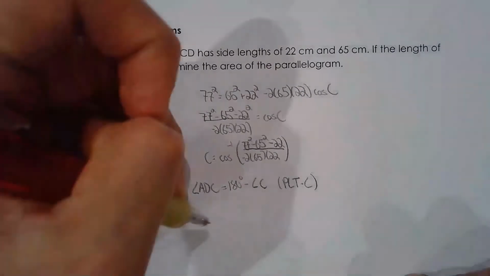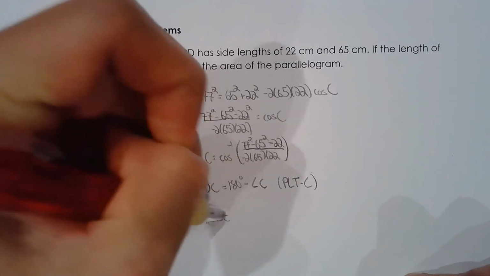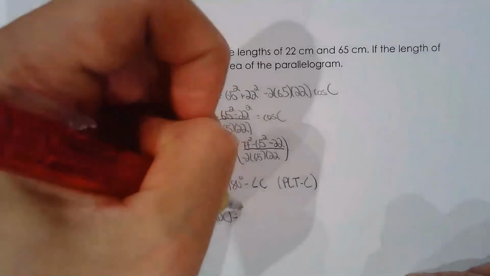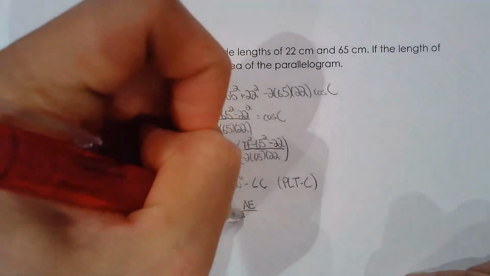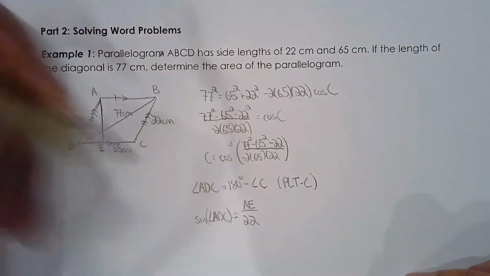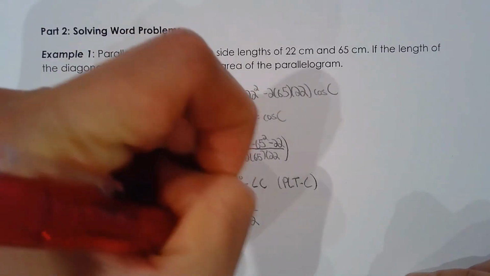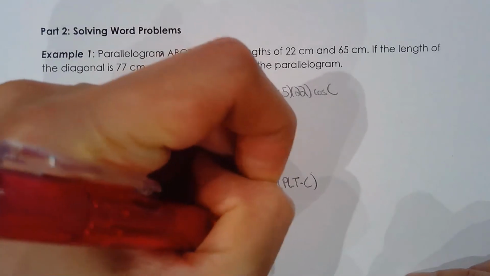So sine of angle ADC is equal to opposite, which is AE, over the hypotenuse, AD, which we have because that's 22. So AE equals 22 sine of angle ADC.